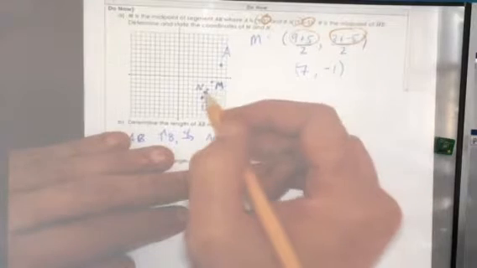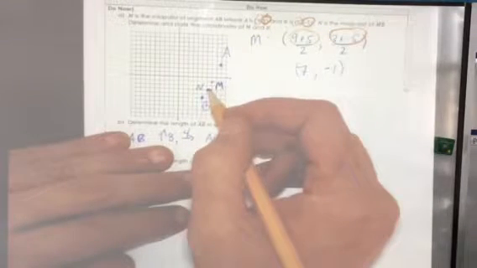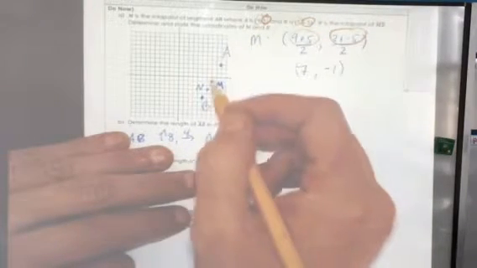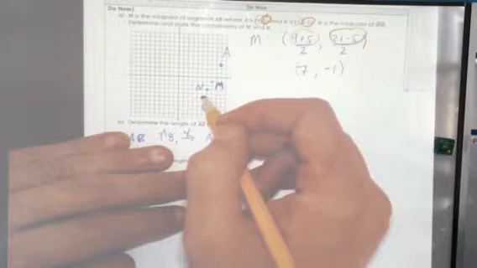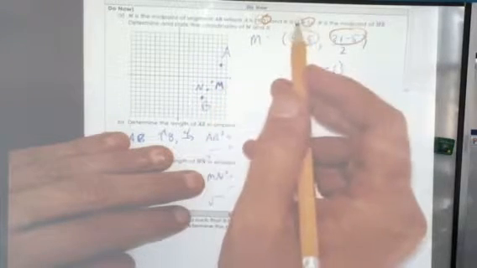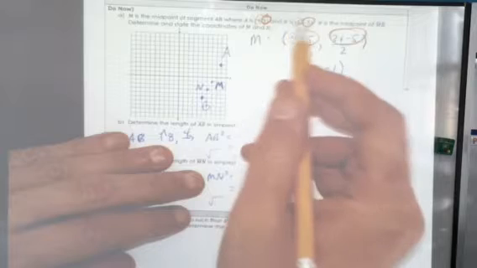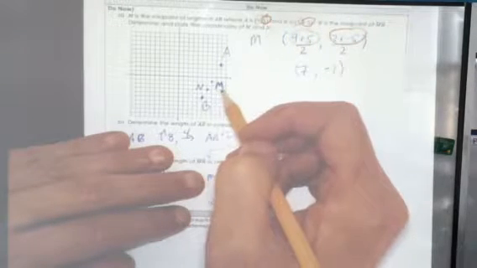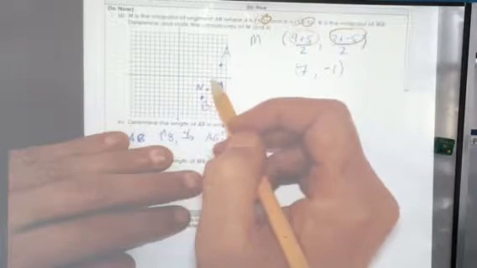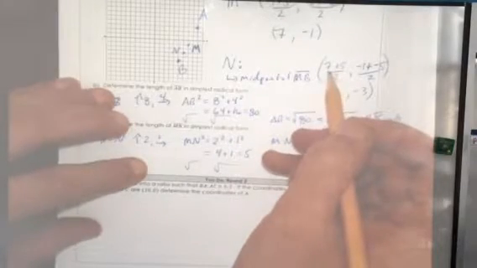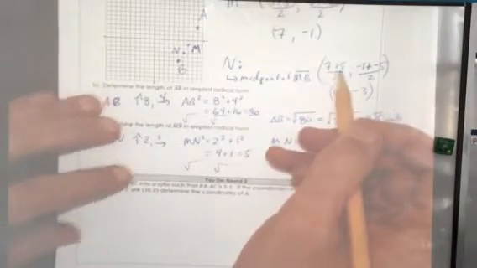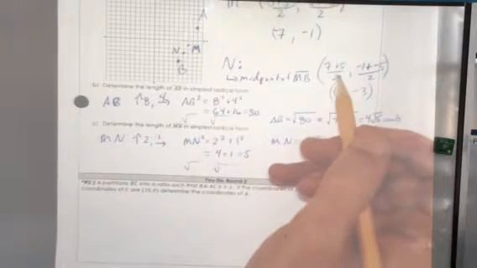Then we need to find N, which is the midpoint from M to B. So now we're still using B, so we're still using this (5, -5), but now we're using M also, this (7, -1). So here's the calculation for that one. We have x equals 7 and x equals 5.